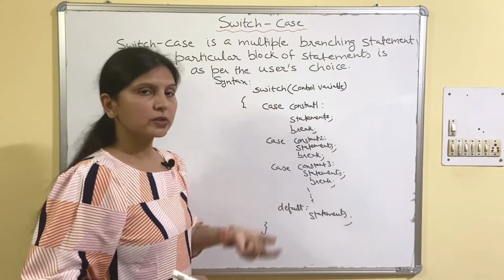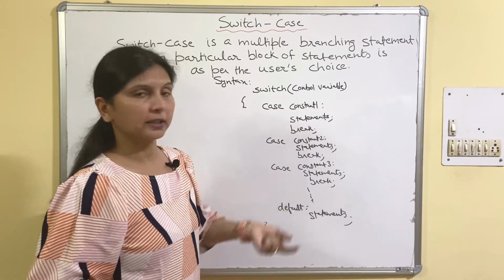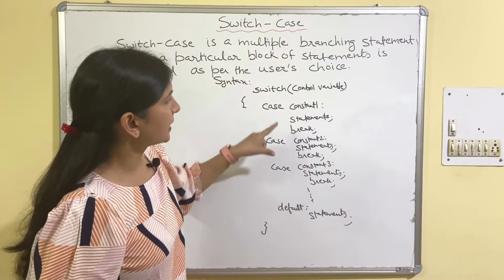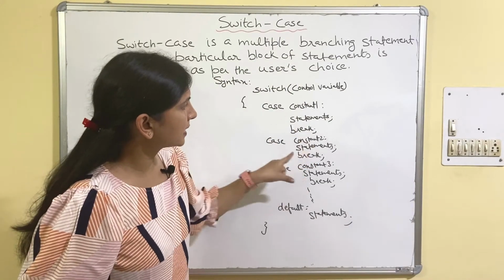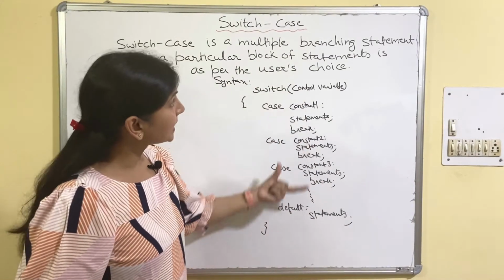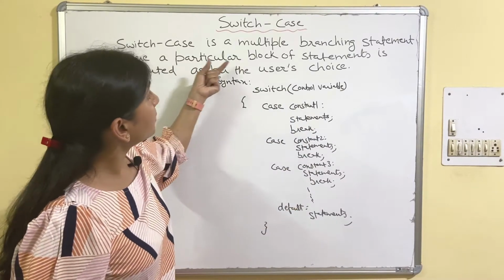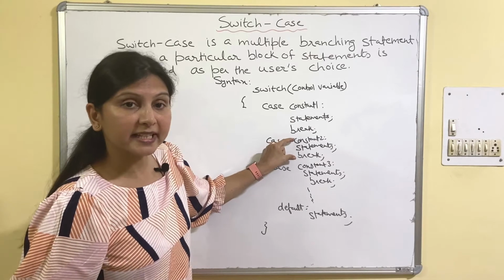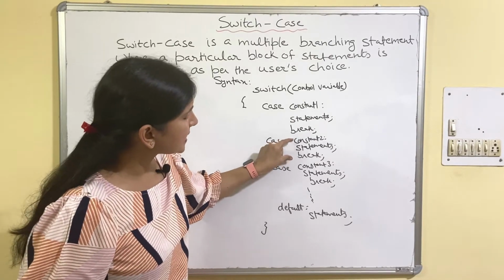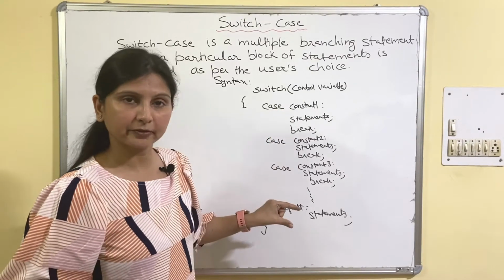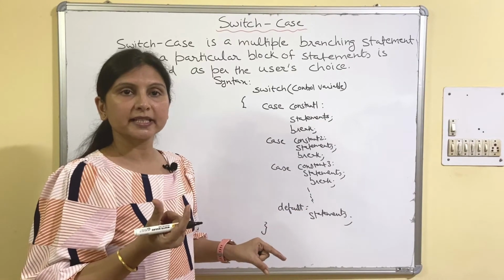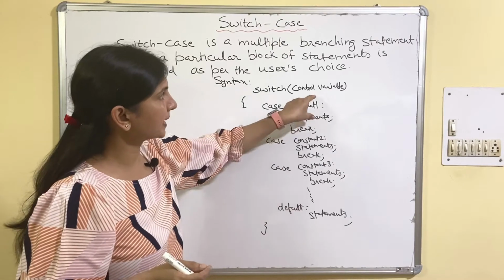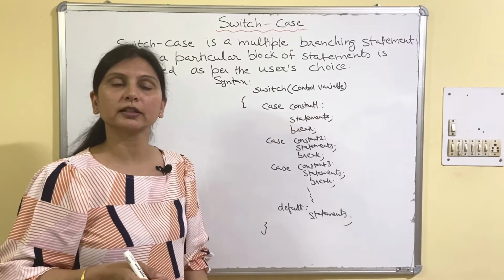So switch you will use in small case, then the control variable. It is a multiple branching statement. These are the different branches, case 1, case 2, case 3. A particular block of statements is executed, either this case or this case or this case, depending upon the user's choice, depending upon the value of the control variable.